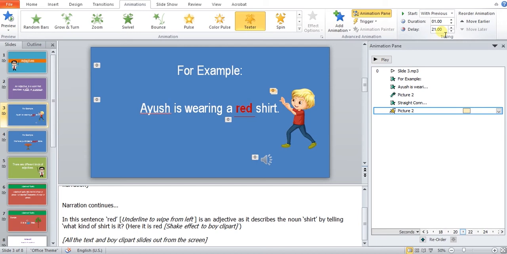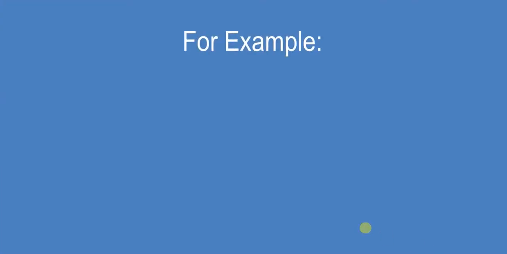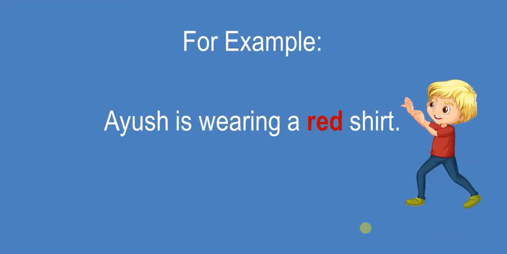Right now when we put it on slideshow, for example, Ayush is wearing a red shirt. In this sentence, red is an adjective as it describes the noun shirt by telling what kind of shirt it is. Here it is red.